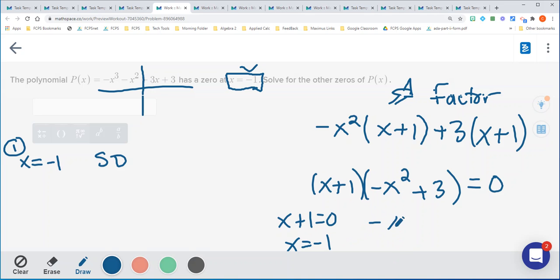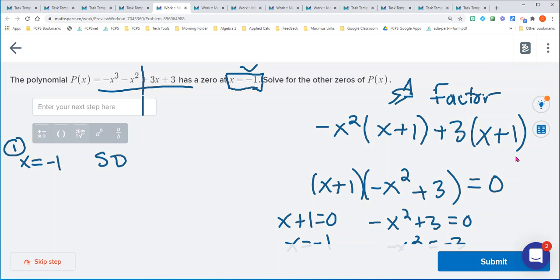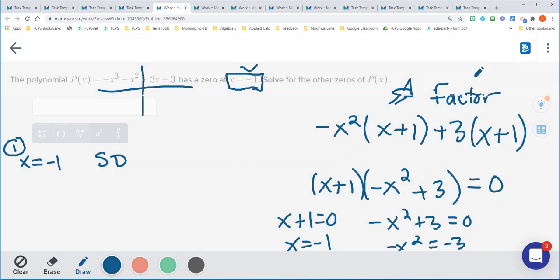Okay, negative x squared plus 3 equals 0. Negative x squared equals negative 3. Yikes, a little bit out of space here. One moment, please. Oh, it's not going to let me scroll. Okay, so that gives me x squared equals 3.